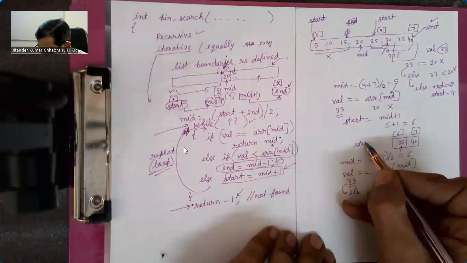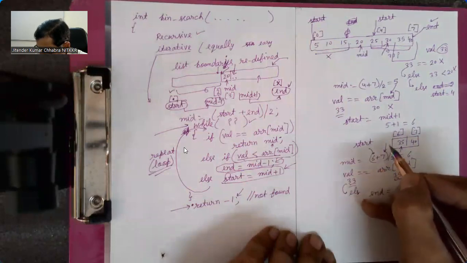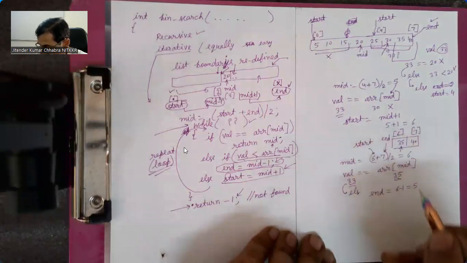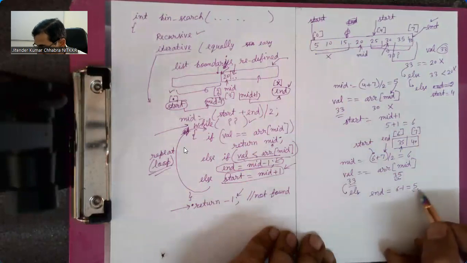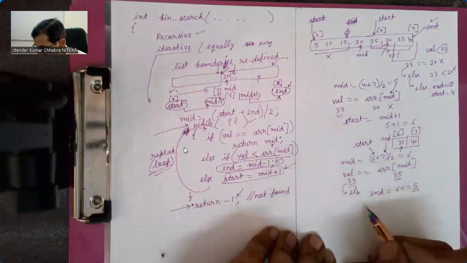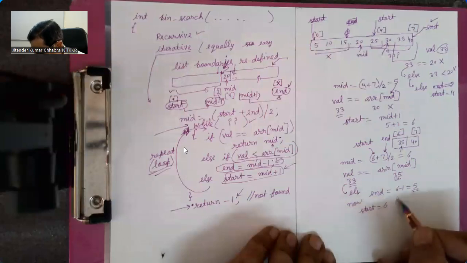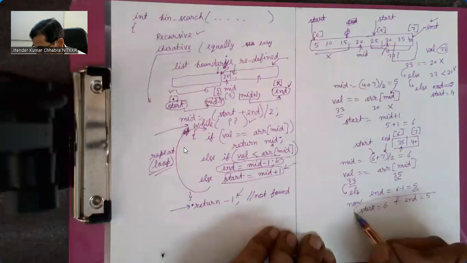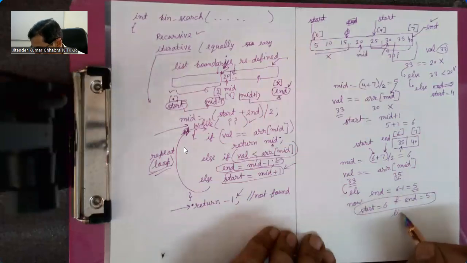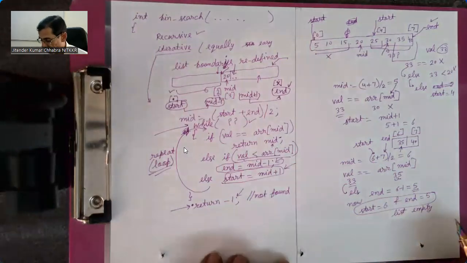So for this particular repetition, my start was 6, end was 7, and now end has changed. So my list effectively now has start as 6 and end as 5. That means effectively the list is empty. Not even a single element is present.